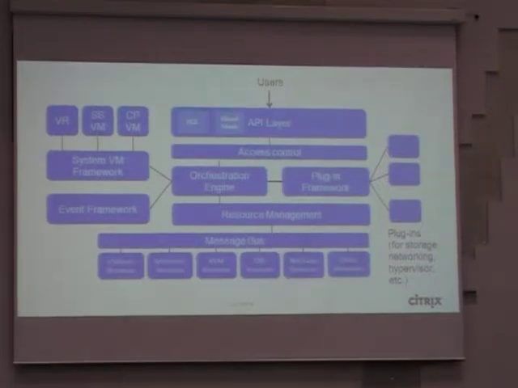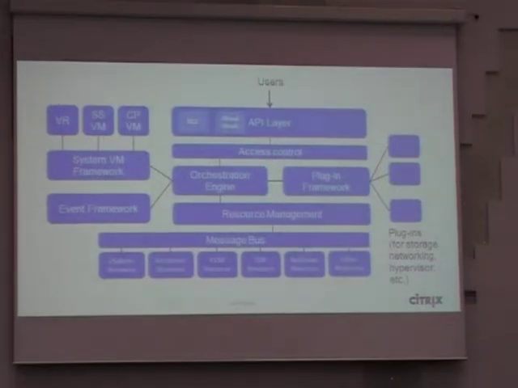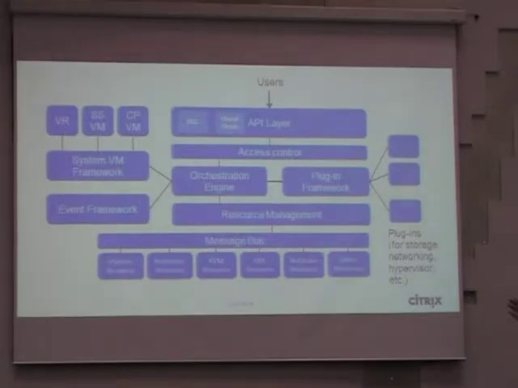For example, the logic of dealing with storage should be in the orchestration engine. But the logic of how the storage behaves, whether it's NFS or object store or iSCSI, that should be a plugin. So plugins are like device drivers in an operating system.